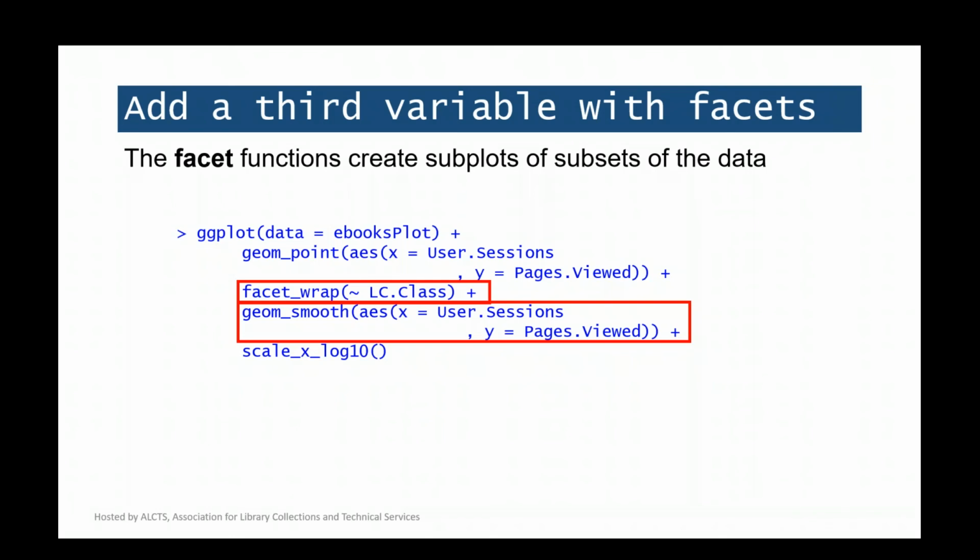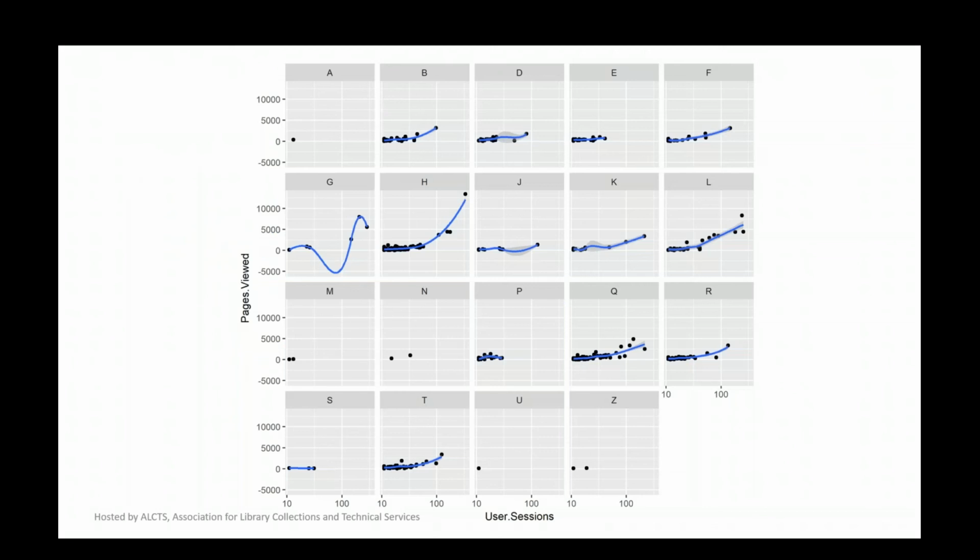If you're going to use facet, read the help pages for it, because I just don't have time to describe it, but it's going to look like this, where each one of these subplots is a different call number, and you can see indeed the two are positively correlated: as user sessions go up, pages viewed go up, and so on. So you can quickly look at this at a glance and see how people are using ebooks in each of these different call number classes.